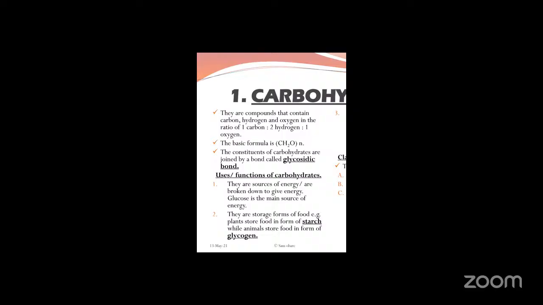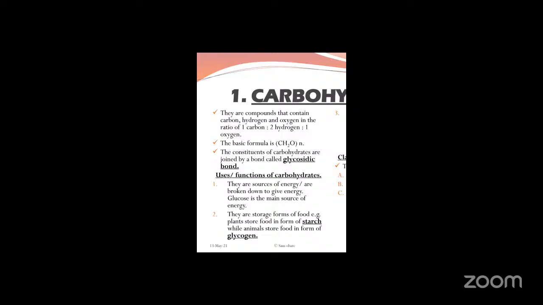And since plants cannot store carbohydrates in the form of glucose, it has to be converted into starch. The reason why glucose is converted into starch is because starch is insoluble, so it is not going to alter the concentration of the cell.